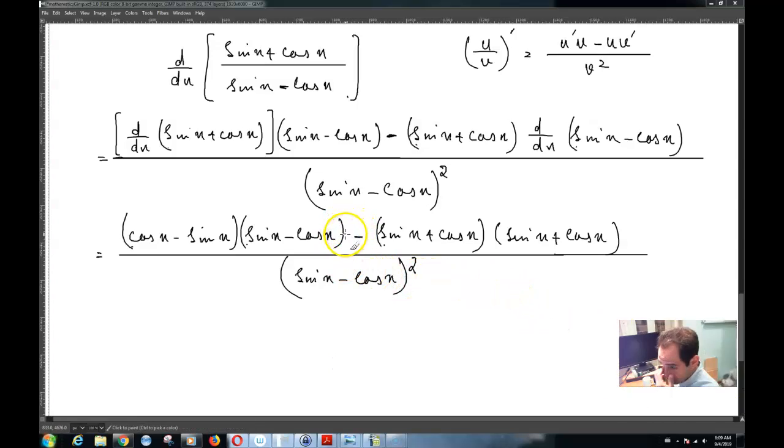The way that you can simplify this is sin x plus cos x, sin x plus cos x, right?